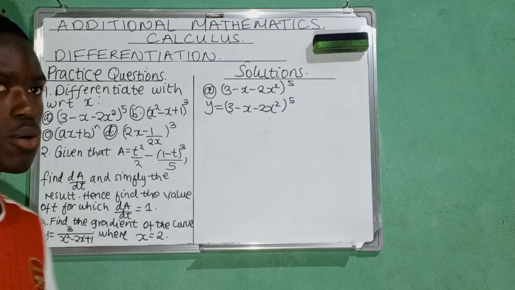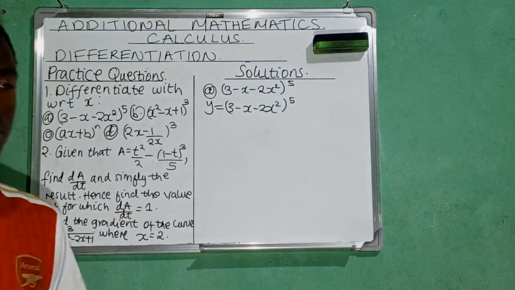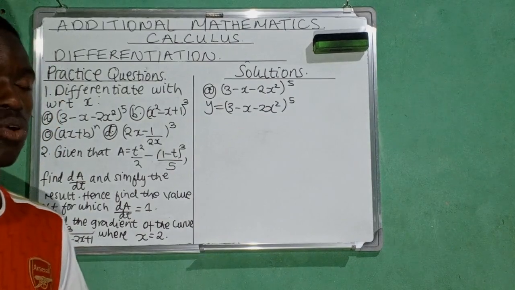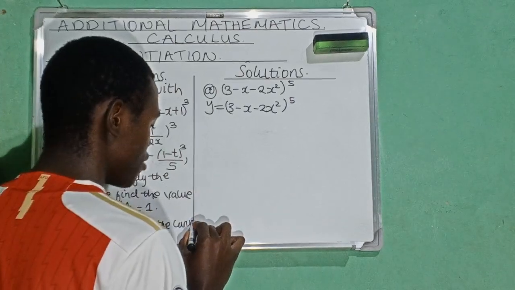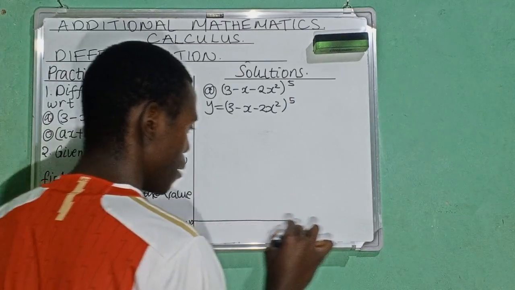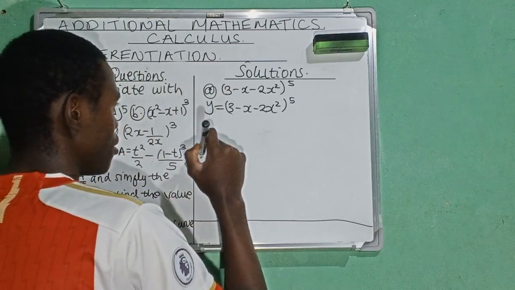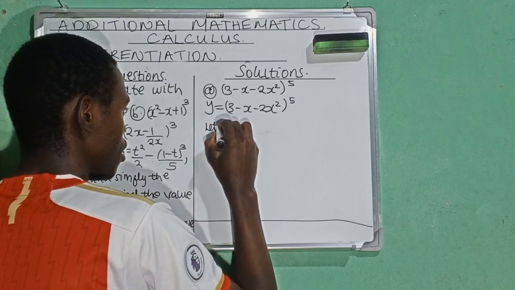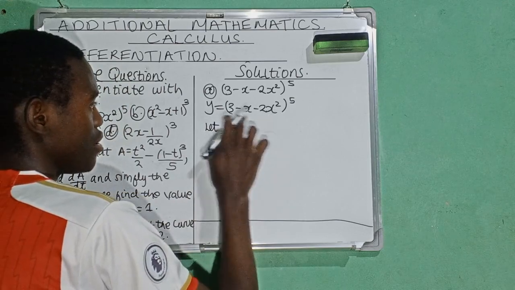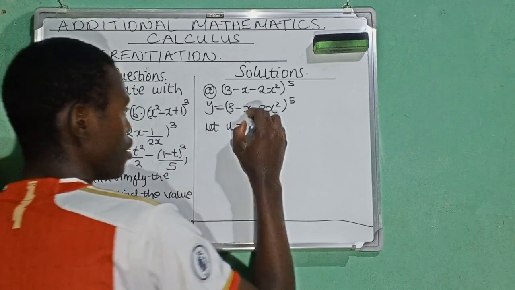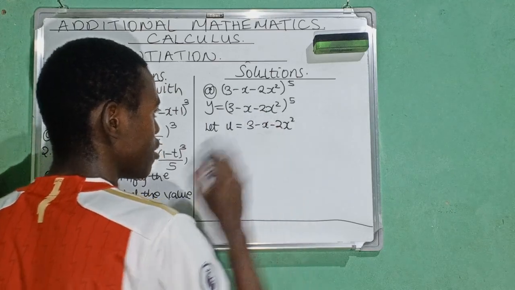Okay, so for question A, we're going to use both the two methods that we have learned: the chain rule and the one that involves the core. I'm going to start with the chain rule. I'm going to leave my answer right here so that we can compare. The chain rule says you let u be equal to whatever is inside the brackets, which is 3 minus x minus 2x squared.